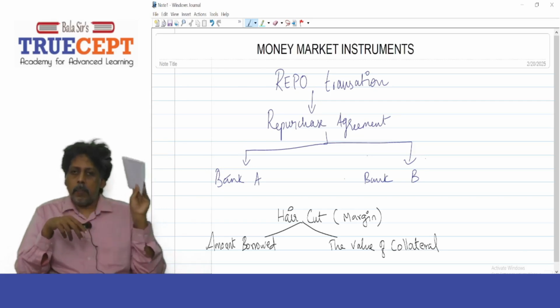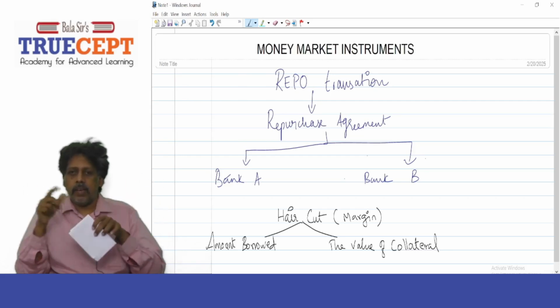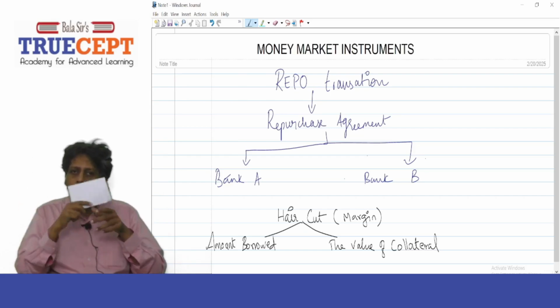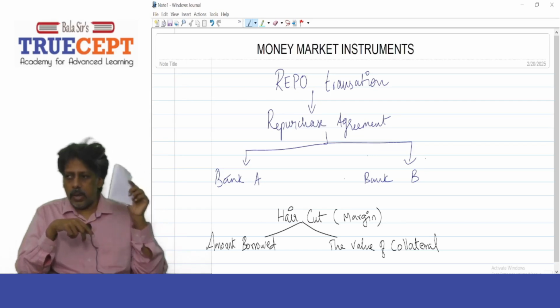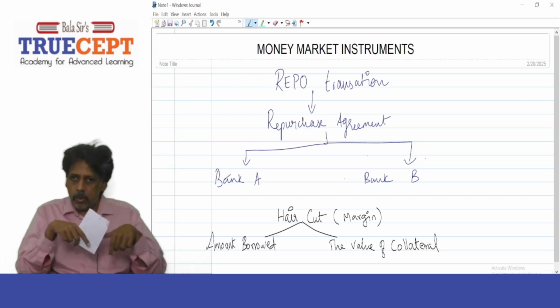But banker B will not lend rupees 1 lakh to banker A. Banker B will buy these investments even though the investments are valued at rupees 1 lakh. That's a market value.